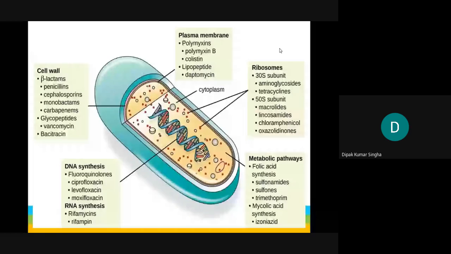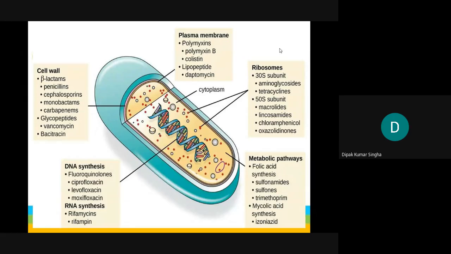The conversion of folinic acid to folic acid is stopped. So ultimately folic acid cannot be synthesized, and because folic acid is an essential component of the bacteria, the sulfonamides and sulfones can inhibit the growth of the bacteria due to the inhibition of folic acid synthesis.